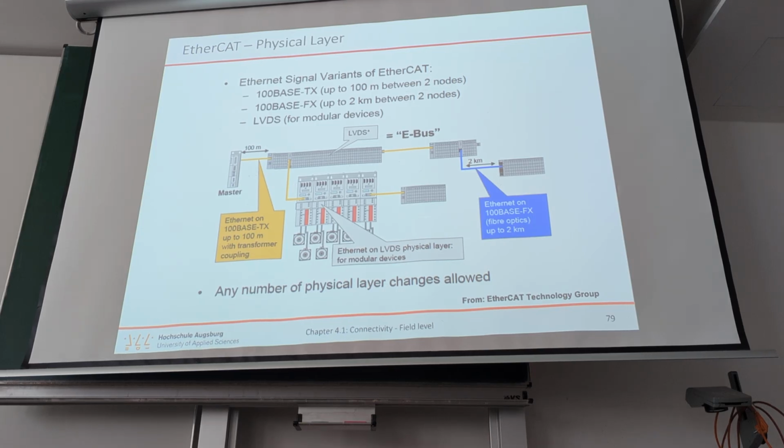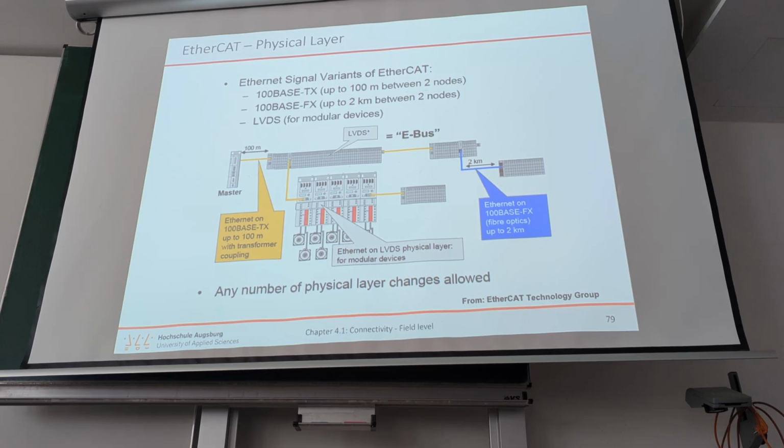And while it passes the sensor and actuator, basically the data is exchanged: the output data is extracted to be used in the sensors and actuators, and the input data is passed back to the master, so it's added to the telegram.